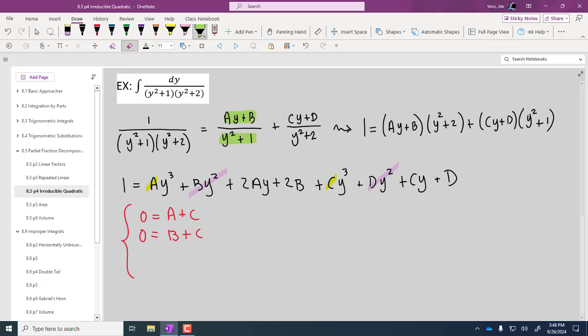That's D, not C. D, thank you. So the linear factor is still 0 on the left. And linear on the right, well, that and that, I guess that works. So what is that? 2a plus c. And then we go to the constant term. On the left, that's 1. And on the right, constant, 2b plus d.